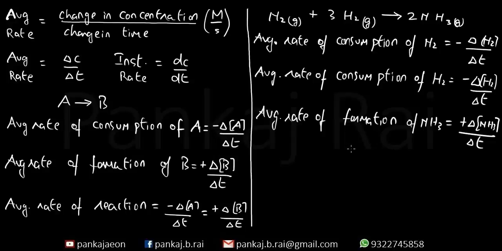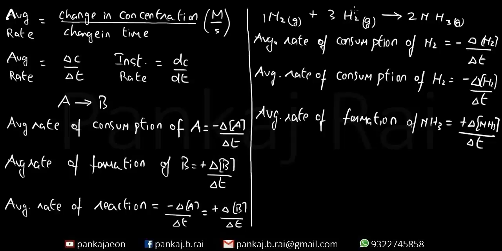Now try to concentrate on the reaction. If you see carefully, for every one molecule of N2 we have 3 molecules of H2 which are reacting. So if, let's say, 100 molecules of nitrogen gas are getting consumed, at the same time 300 molecules of hydrogen gas are getting consumed.